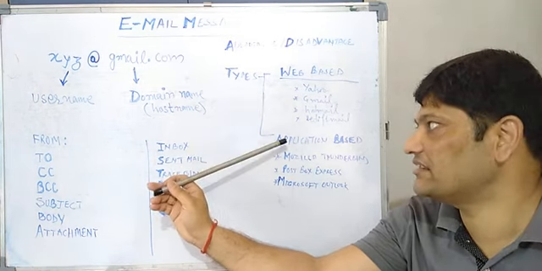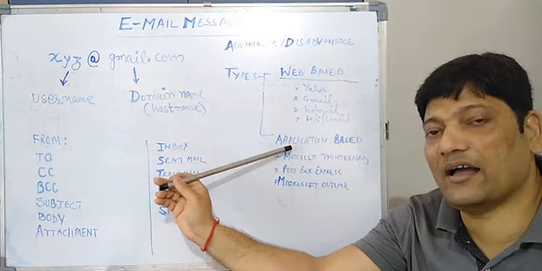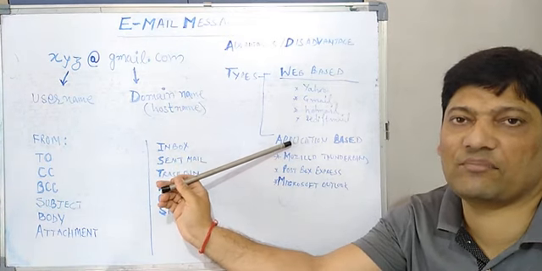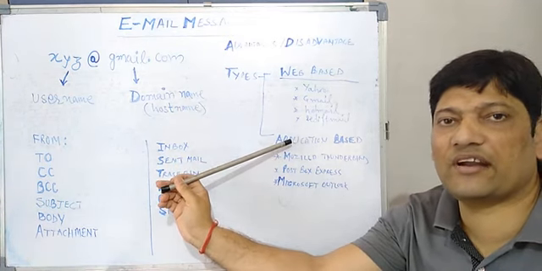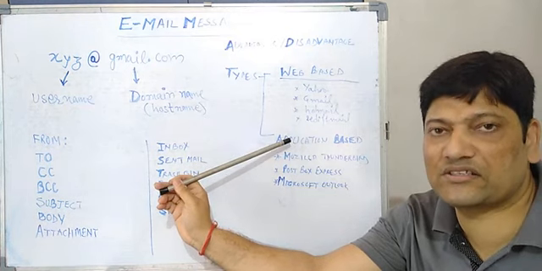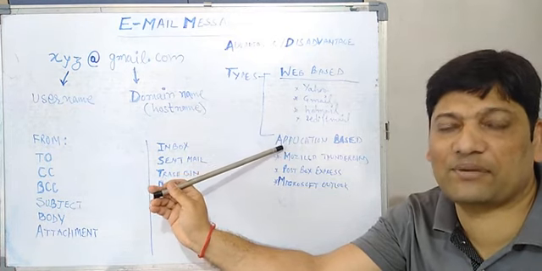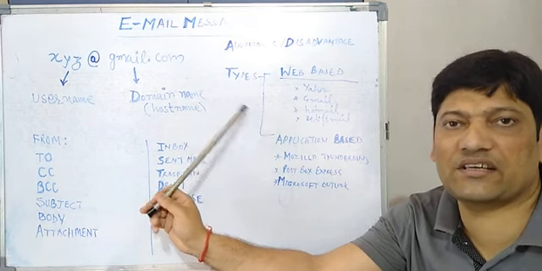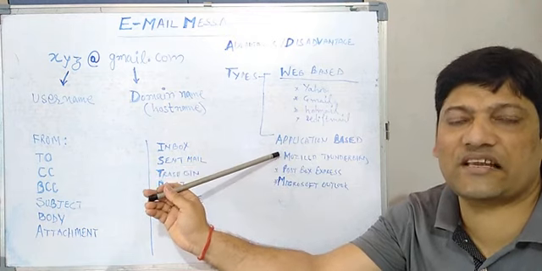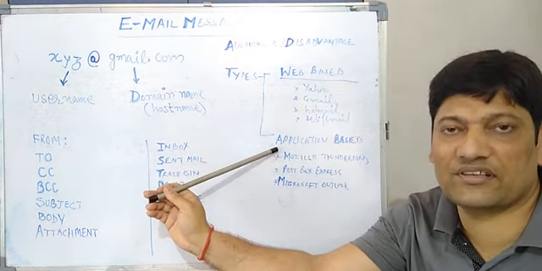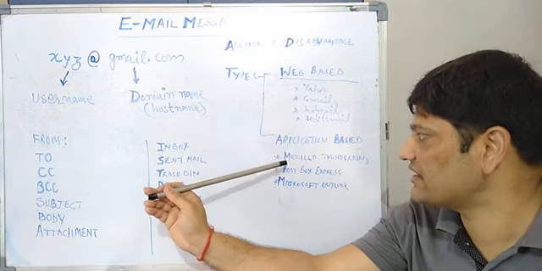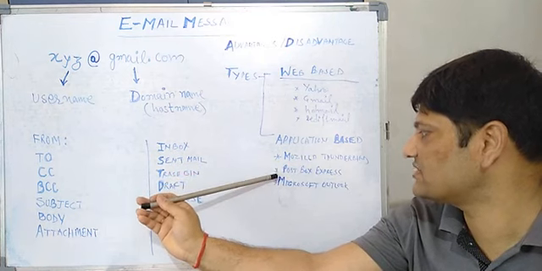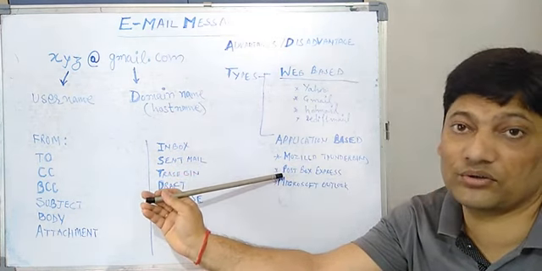But we have another type of email service, that is application based. Now what is the advantage of application based? If you do not have an internet connection for the time being, there is no problem. You just open the application, create the email, and whenever you get the internet connection, at that time all the mails are sent from your application. Some examples are Mozilla Thunderbird, Postbox Express, Microsoft Outlook.